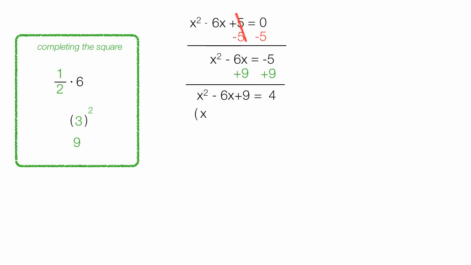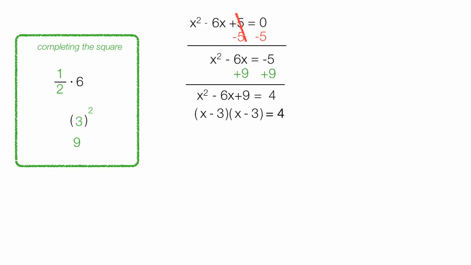I can easily factor this. It's x minus 3 times x minus 3. It factors evenly. Completing the square always factors evenly. And this is equal to 4. By the way, that 3 there is the same as that 3 there.